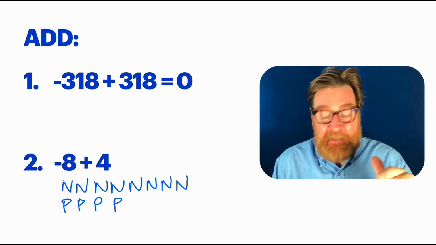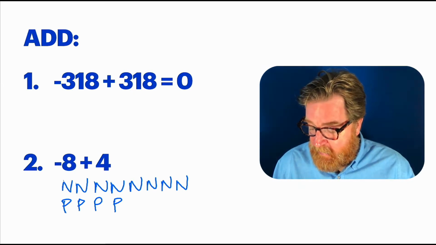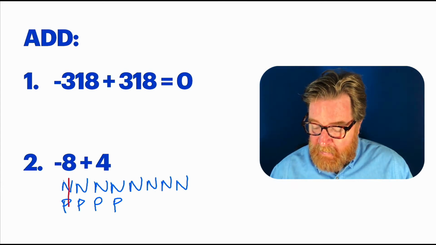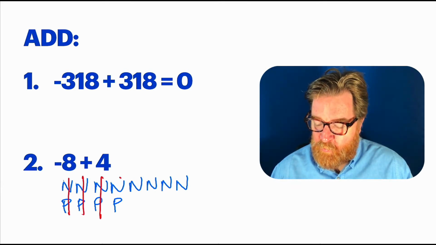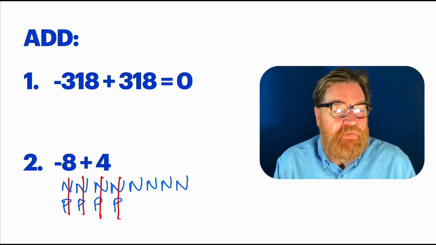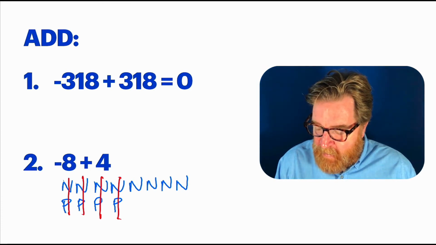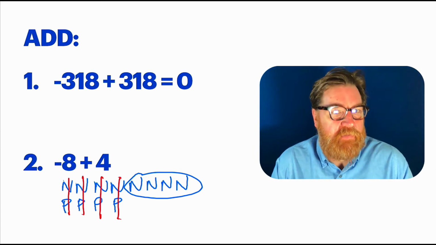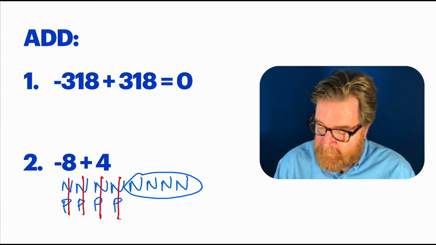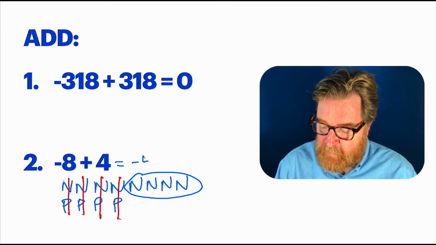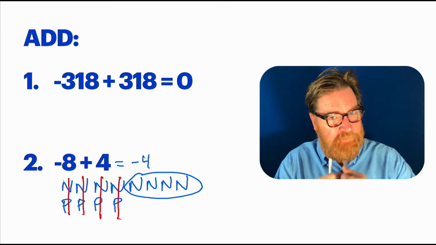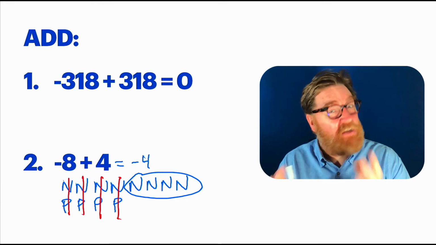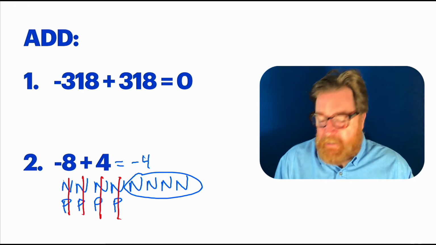Remember, a negative and a positive, those opposites, annihilate each other. So I'm just going to annihilate them right there. And then we see what we have left. Well, I see these 4 n's left, meaning we've got 4 negatives left, and that's our answer. All right, there's still a fight, there's still some annihilation, but it's not total because those weren't opposites.